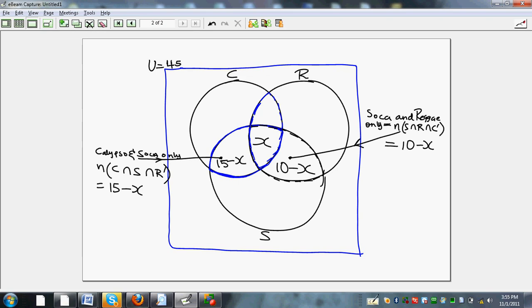But to get those who like calypso and reggae only, which is this area here, that's calypso and reggae only. That'll be the number of people that like calypso and reggae and not soca.